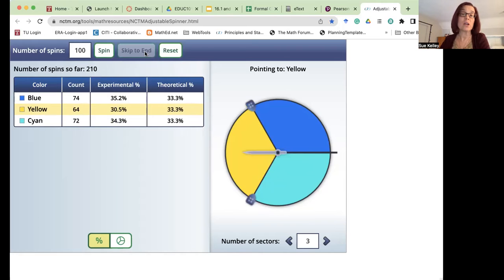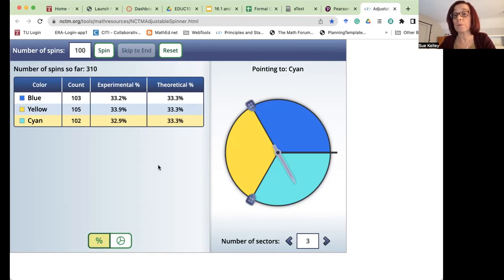Spin another 100 times. And you see that the more times that we spin, the closer, wow, that's looking really close to our theoretical after only 310 spins.